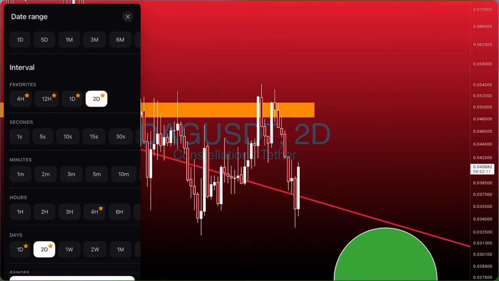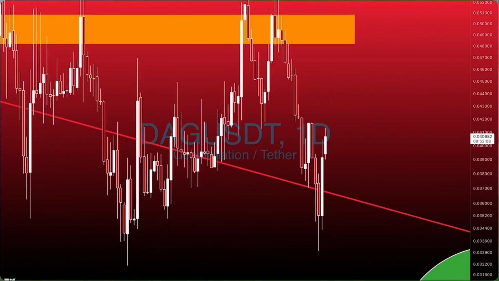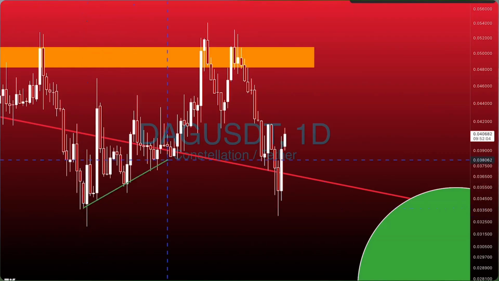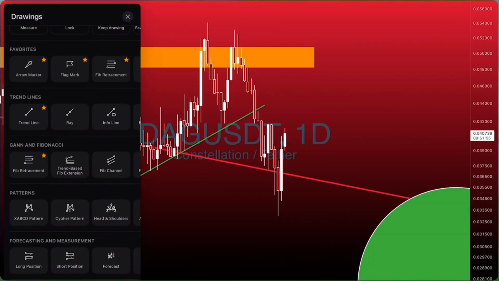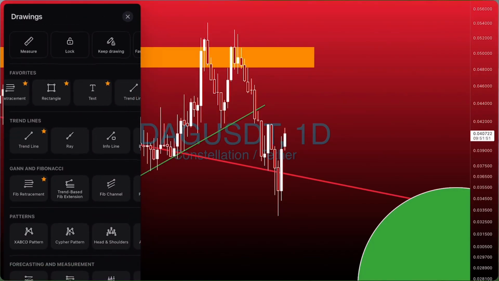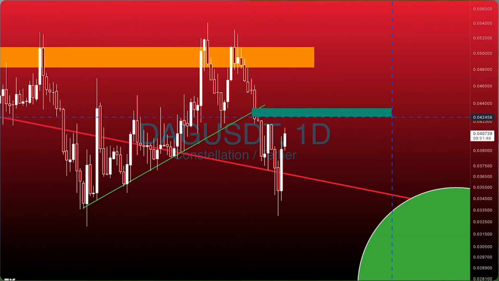With more confidence, as I go further down, I'm going to draw a few lines. Looks like we got a very nice angle we're going to be looking at here. And we're going to be looking out for the sword cut in that area. If price comes up, I'm going to be paying attention to this price right there.